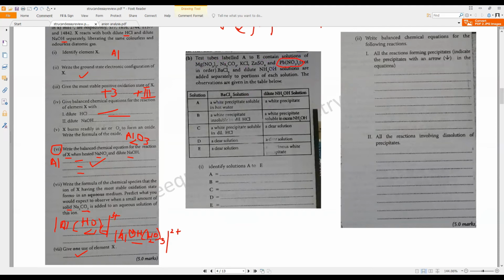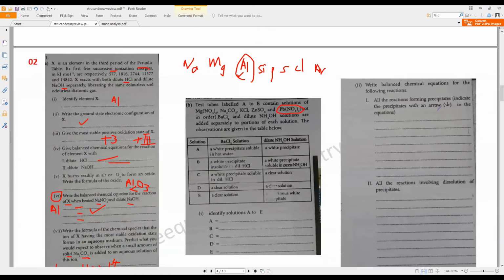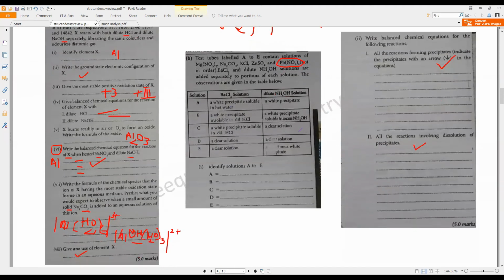Okay, so when you add barium chloride to lead nitrate, there will be lead chloride plus barium nitrate forming. Then you need to balance, because I am telling these reactions also because they have asked about all the precipitation reactions and all the dissolutions that happen here. So you need to write all these reactions. So your solution A is lead nitrate.